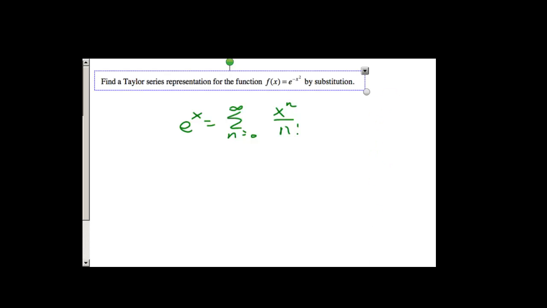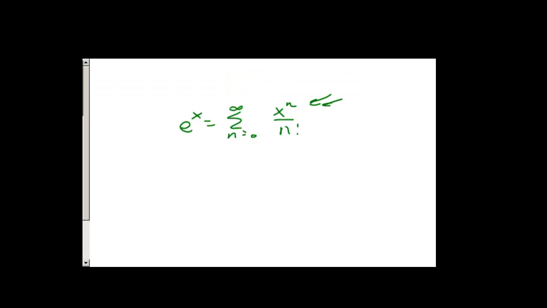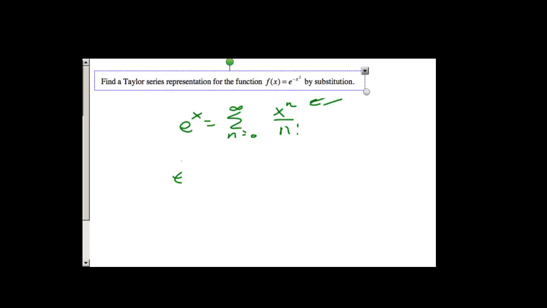So then we could just directly substitute into my series notation. So e to the negative x squared is going to equal the sum from n equals 0 to infinity, just plug this right in there, of negative x squared to the n over n factorial.